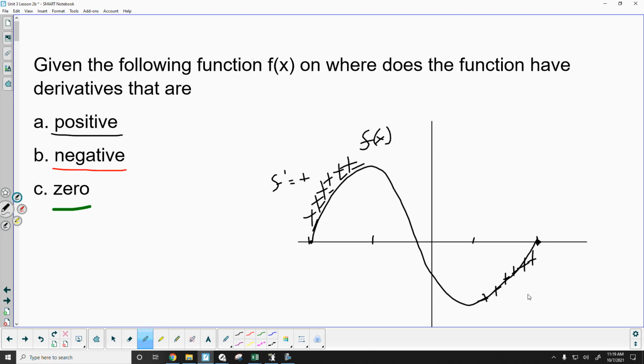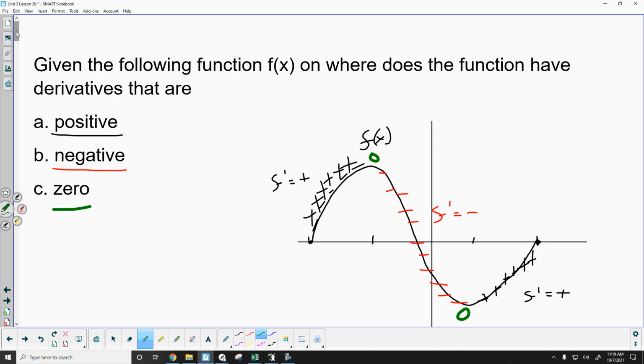If my tangent slopes are positive, my function is going up from left to right. When my tangent slopes are negative, in this interval, I'm going down from left to right. When my tangent slopes are 0, I've flattened out. Constant.